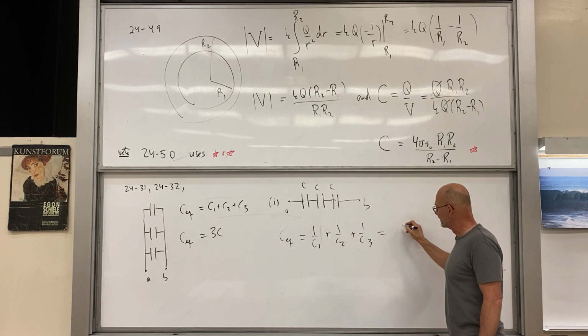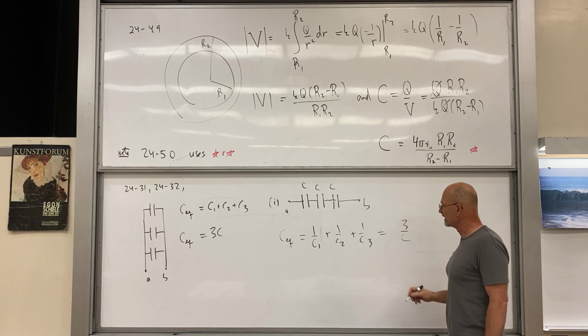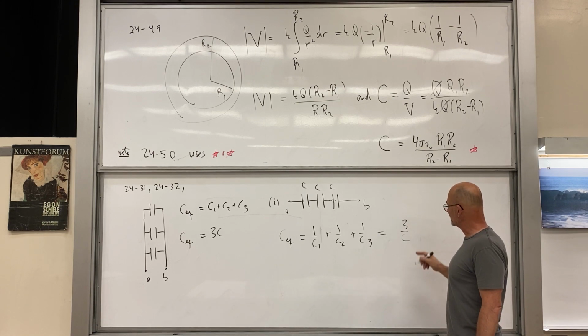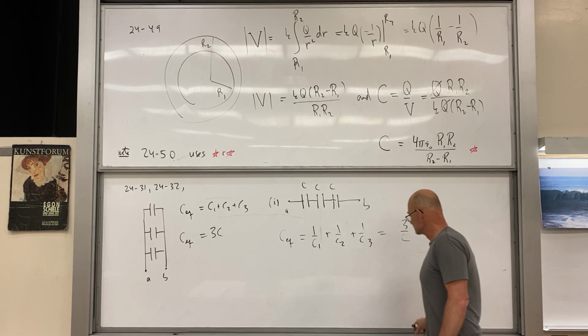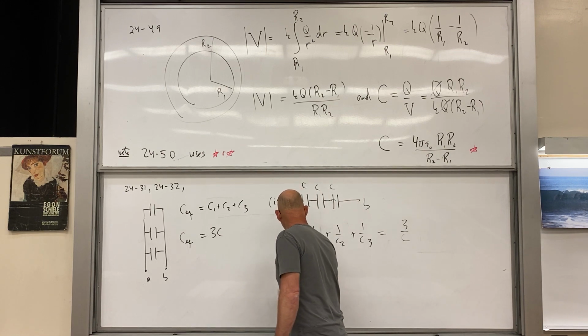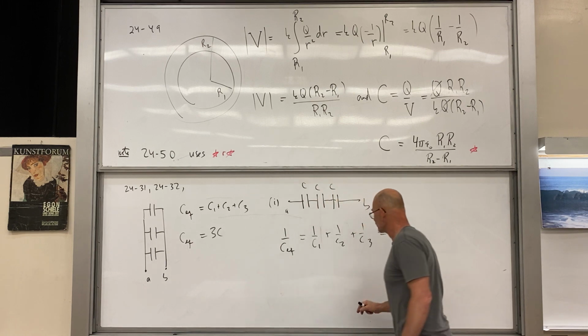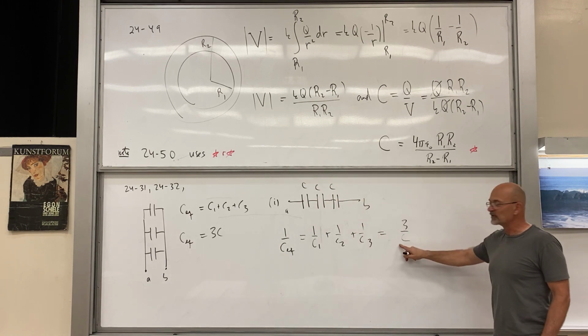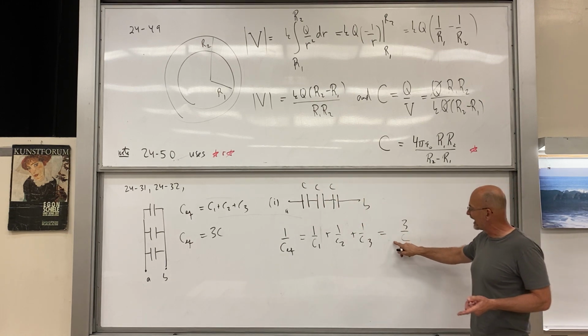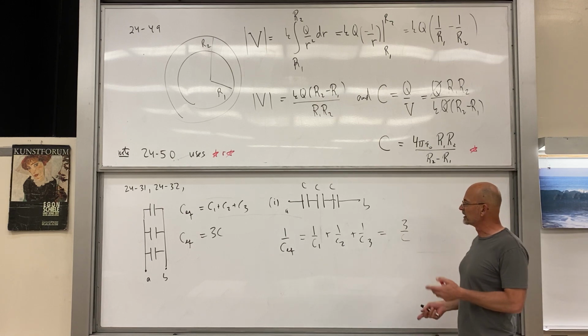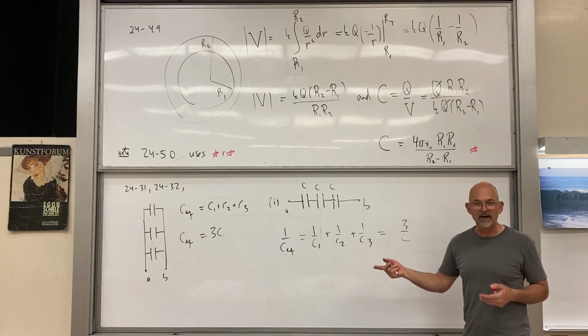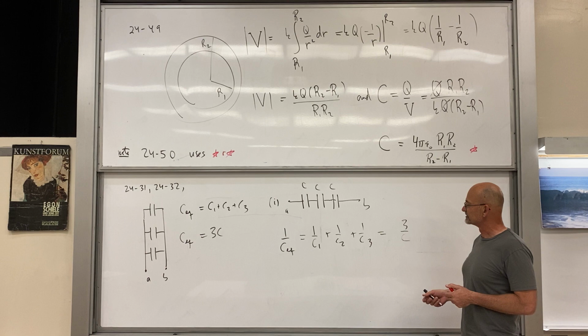In this case, it's 3 over C. So the equivalent capacitance, not so fast. Didn't I warn you guys about that? 1 over C equivalent is 3 over C. So now the equivalent capacitance is 1/3, and that's where you had that 1.6 was 1/3 of 5, that thing right there.